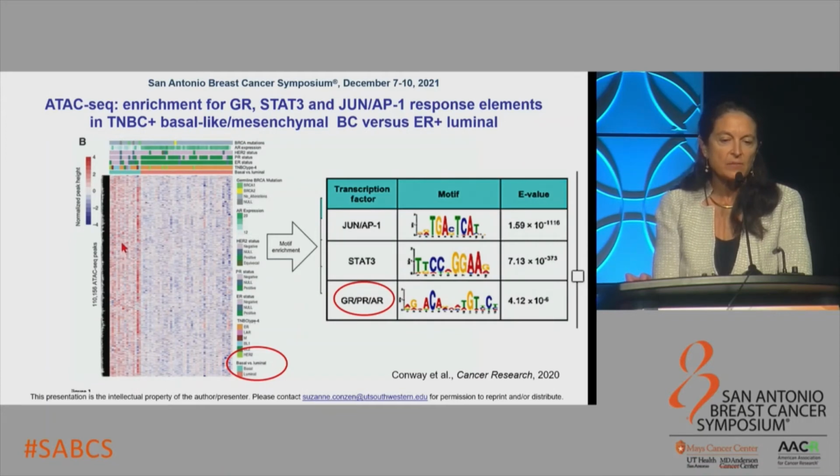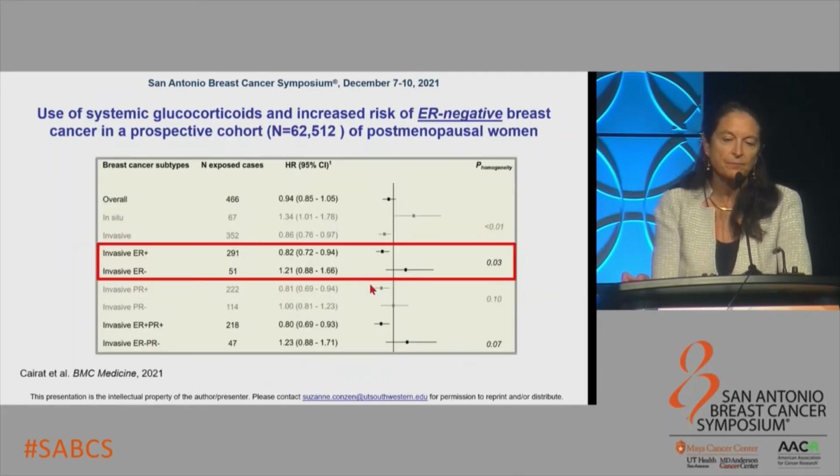And when they examined these exposed regions of chromatin, they found that the top 3 motif enrichments were Jun AP1, which is a well-known tether for GR, STAT3, and GR itself, because these tumors did not express PR or AR.